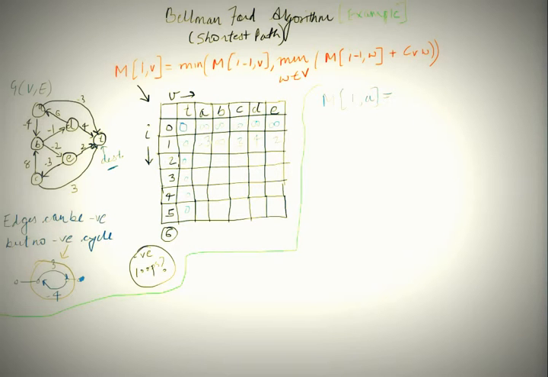Now I have to reach the destination node from any of the source nodes using 2 edges. I can make use of this formula. I can write 2 here.